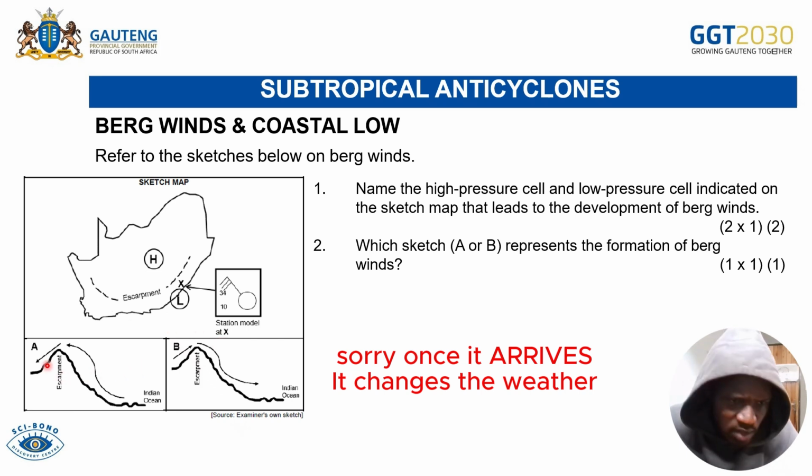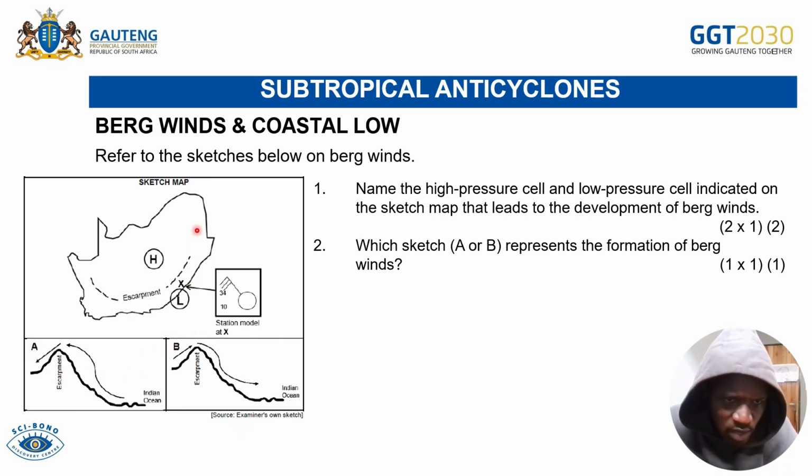Let's look at A, let's look at B. I told you Berg winds are offshore winds. So the winds blow from the land, from the interior towards the coast. As you can see, this is our escarpment, so they descend the escarpment.